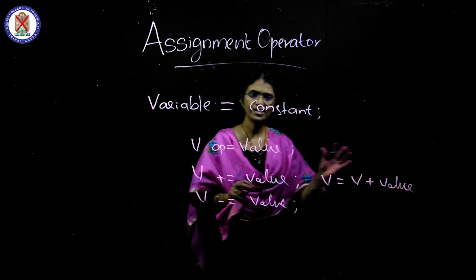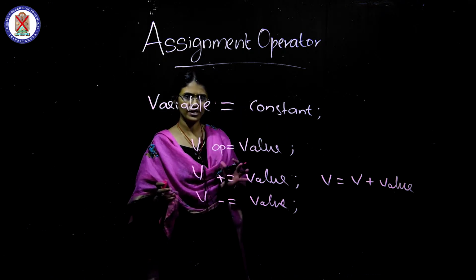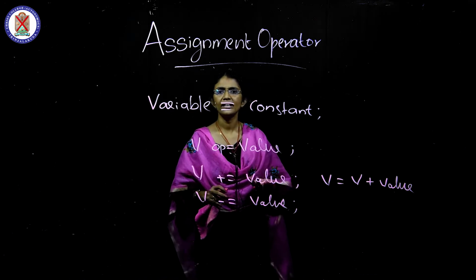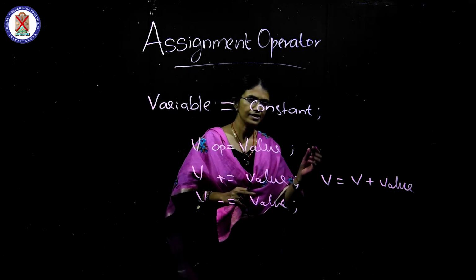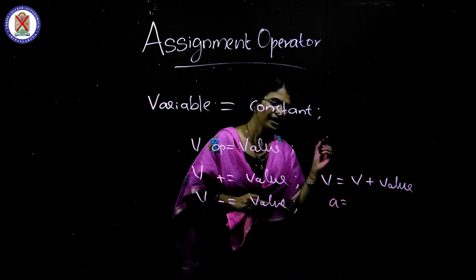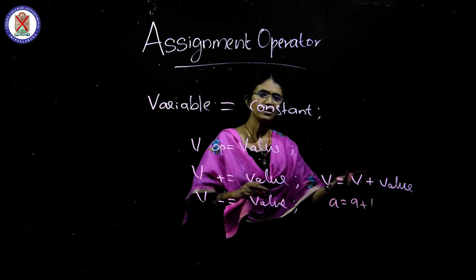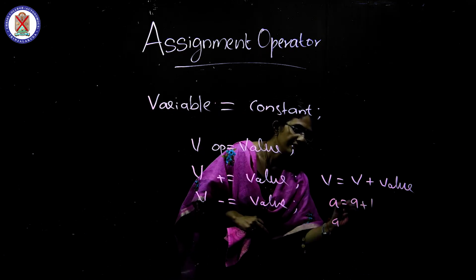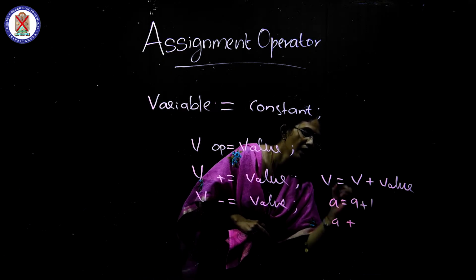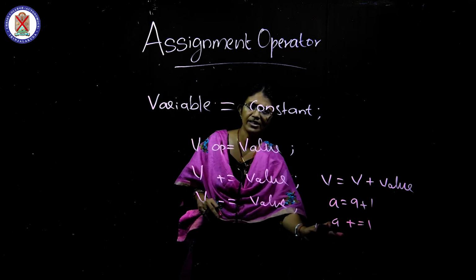Normally we use constants for the value, so we can replace the value with a constant. For example, normally we increment during programming, then we use a equals a plus 1. We can replace it with the shorthand operator, a plus equals 1. What does it mean?